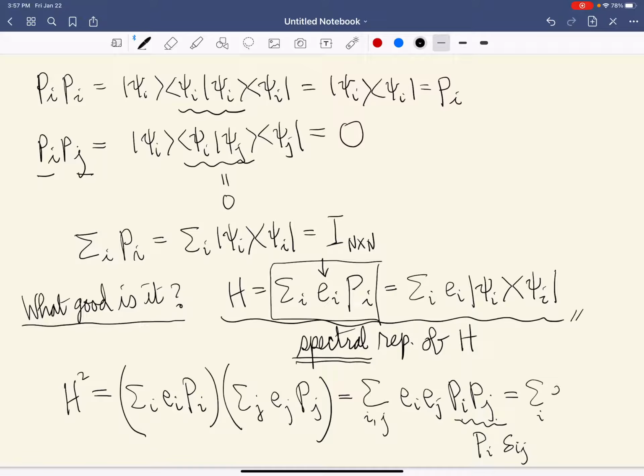So all I end up doing is simply to take the square of the eigenvalue and continue to maintain the same projector as before. Okay? So now the matrix multiplication becomes simply the multiplication of the eigenvalues, which is way, way, way easier to perform.